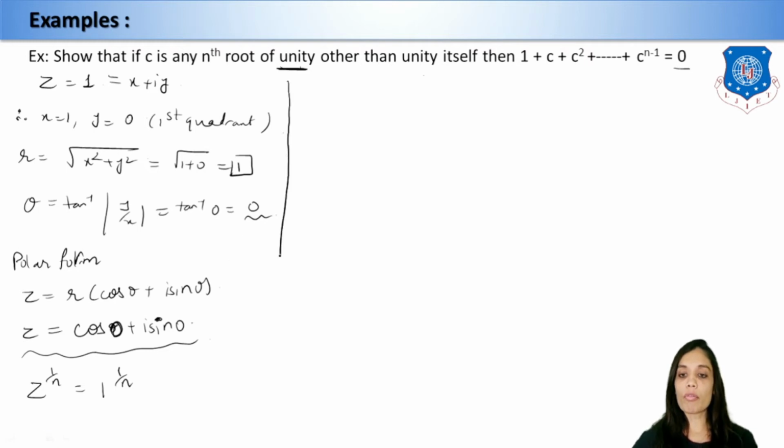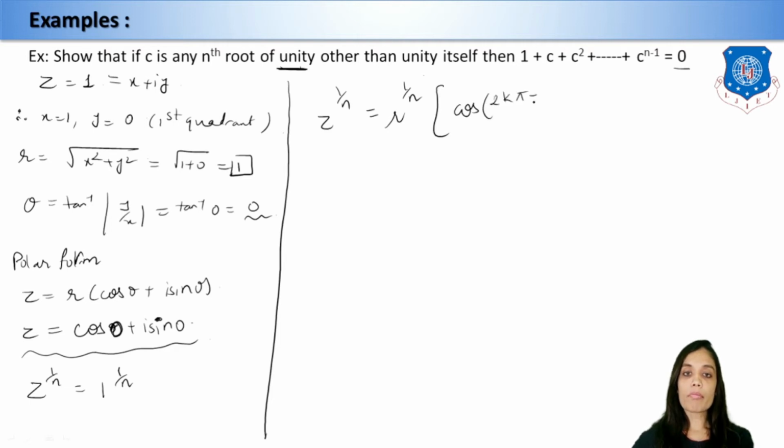Now we know the general formula of z raised to 1 upon n, that is r raised to 1 upon n into cos (2kπ + θ)/n plus i sin (2kπ + θ)/n. Fine, this is the formula. We know every value.